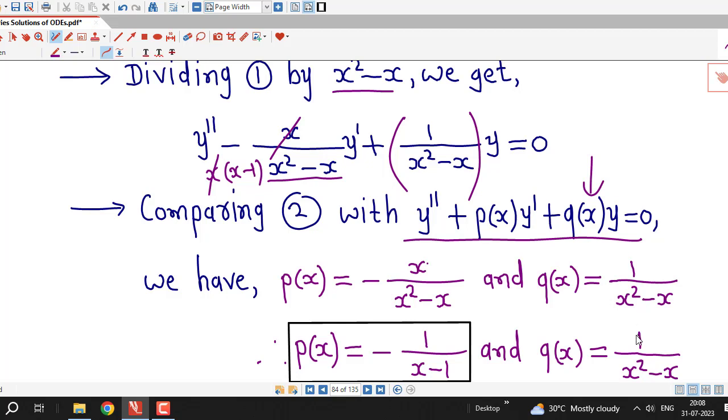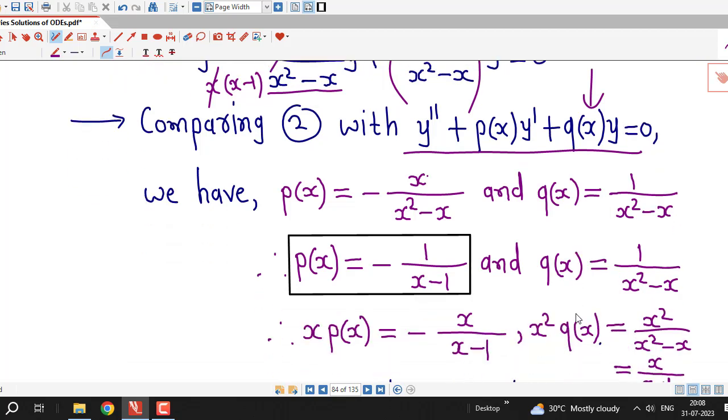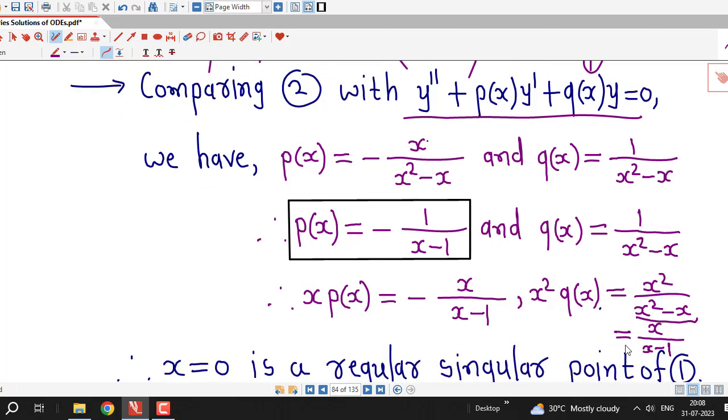Qx is 1 over x square minus x, and then we multiply px by x and qx by x square. Therefore x times px equal to minus x over x minus 1, and x square times qx equal to x square over x square minus x, where x can be taken common and will cancel one x from this x square, and we have x over x minus 1.